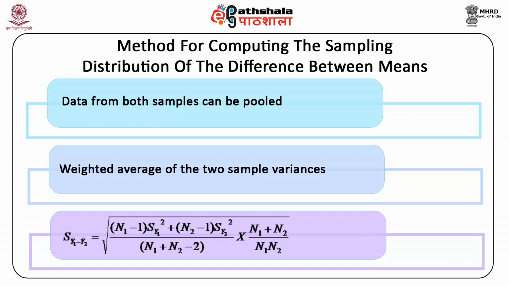This formula gives us the pooled estimate of the variance.